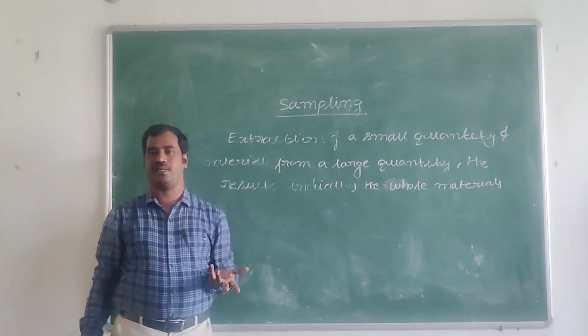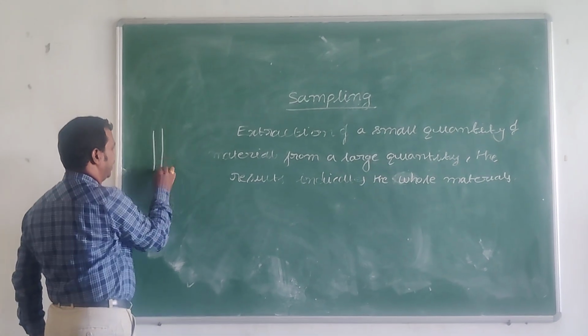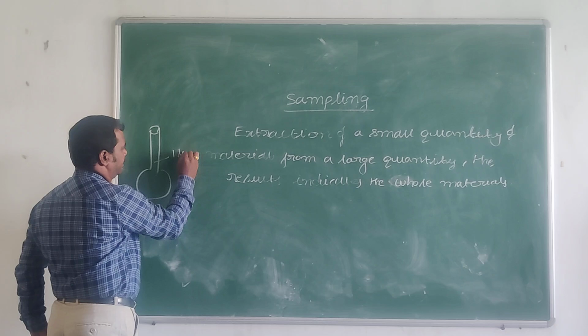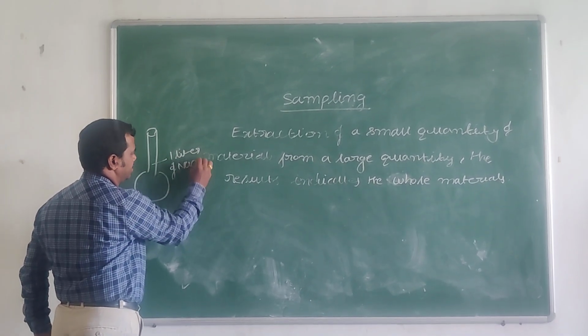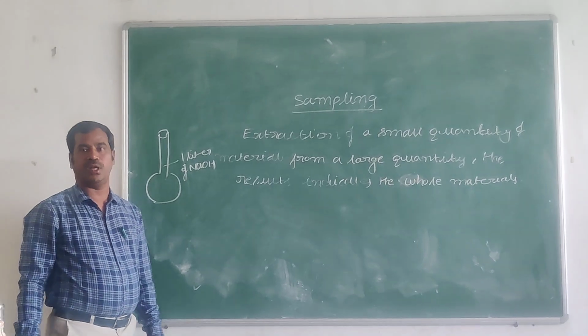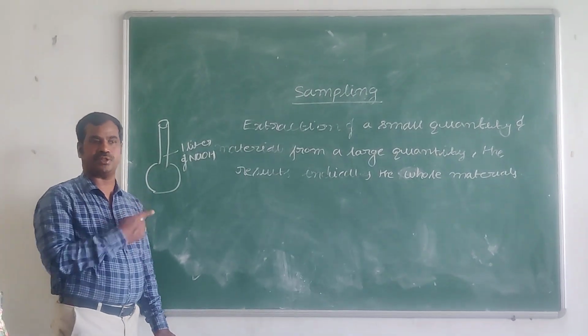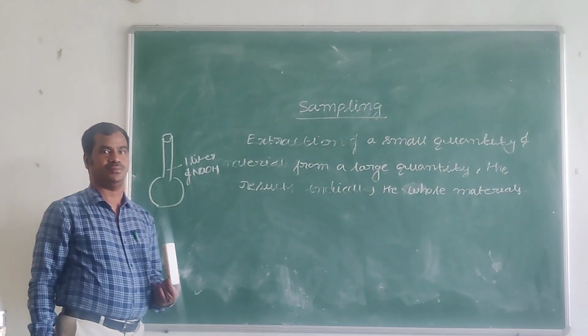So what is extraction? Suppose for analysis you prepare 1 liter of NaOH solution, which is basically a secondary standard. We want to standardize this 1 liter of solution. Then what do we do?